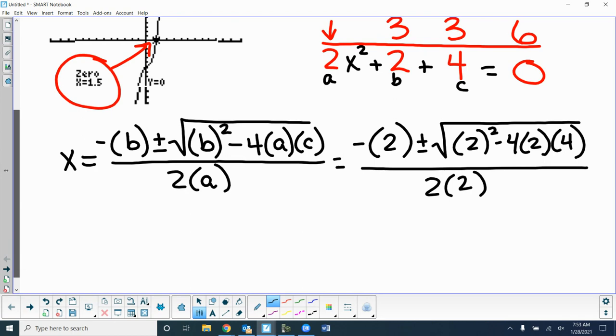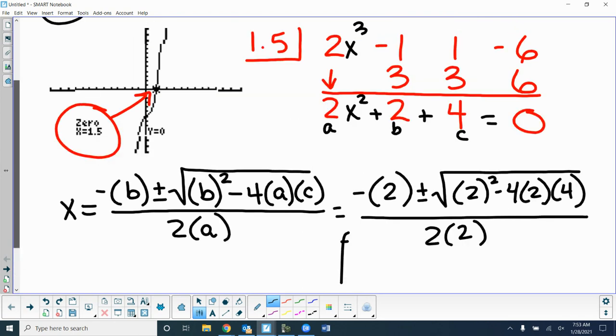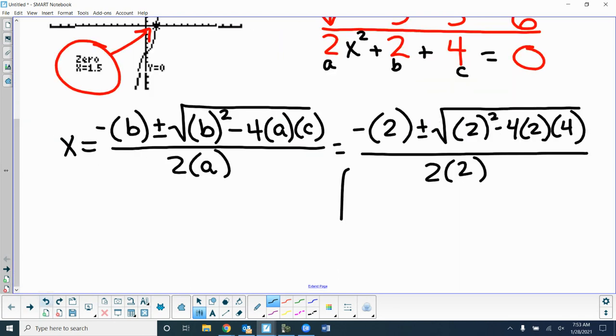So I get negative 2 out front, and 4 in the bottom. And I'm going to get a radical here. Don't put it all in your calculator, remember. Just put the 2 squared minus 4 times 2 times 4.